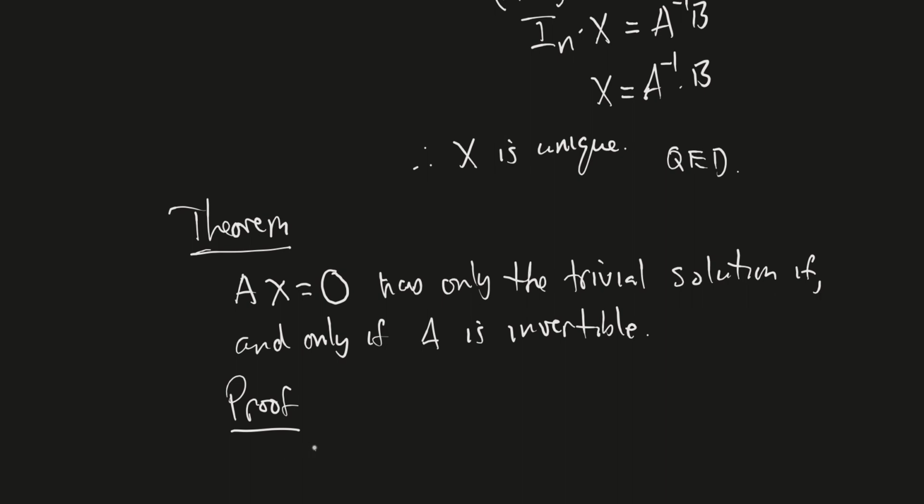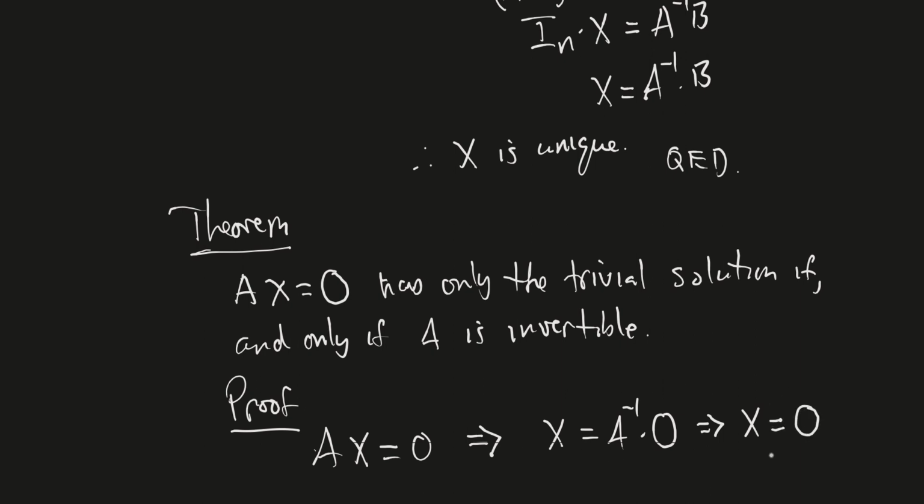So if we start with this, then by what we just proved above, since the matrix is invertible, your x is equal to A inverse times the zero column, or the zero matrix, which tells me that x itself has to be the zero column, or the zero matrix.